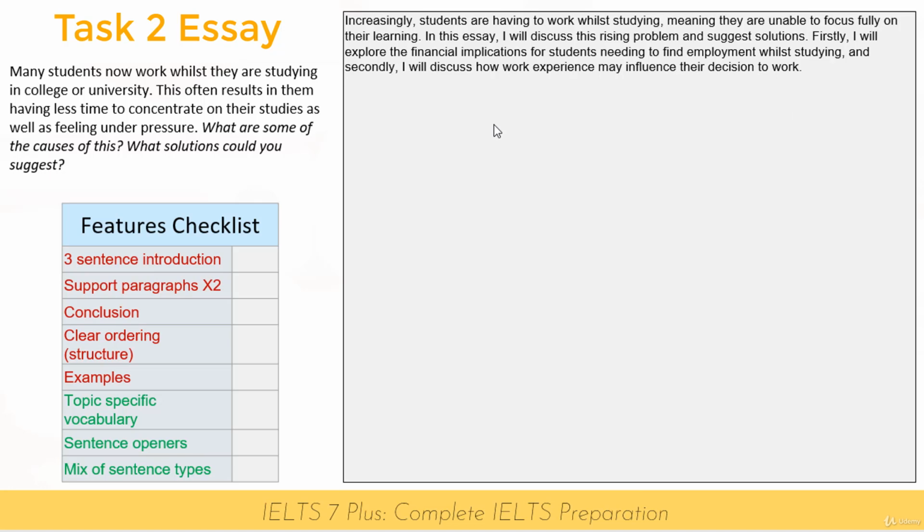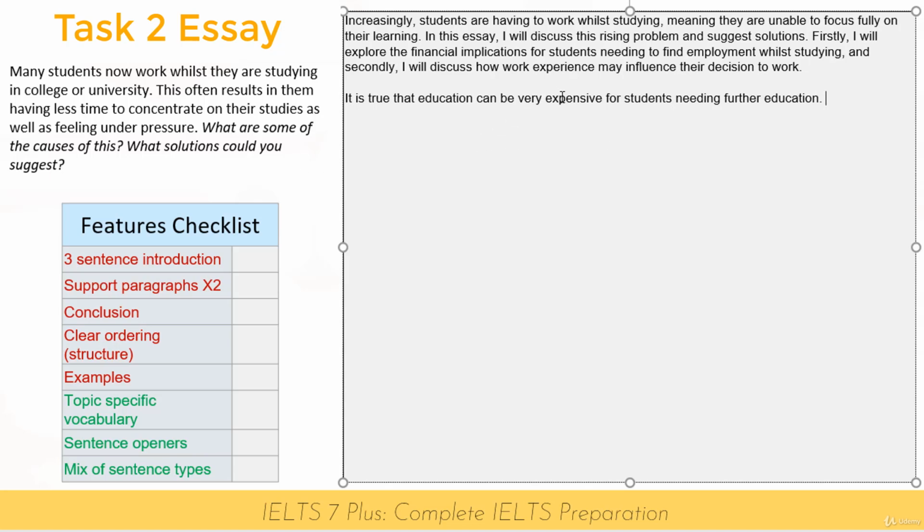So from the plan, we were starting off to discuss in the first paragraph about the financial reasons for students needing to work. It is true that education can be very expensive for students needing further education. That's my topic sentence.